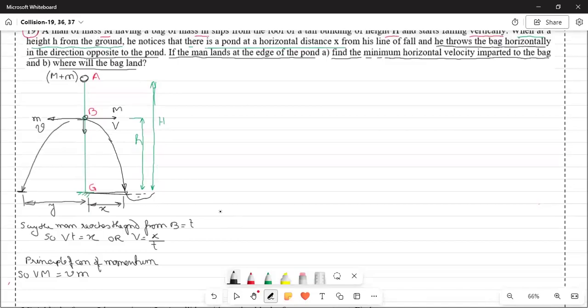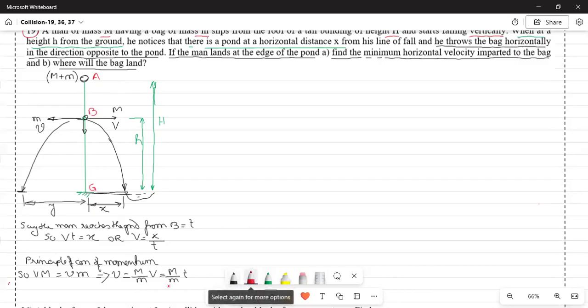From here we find small v is equal to capital M by small m into capital V, which is equal to capital M by small m into.